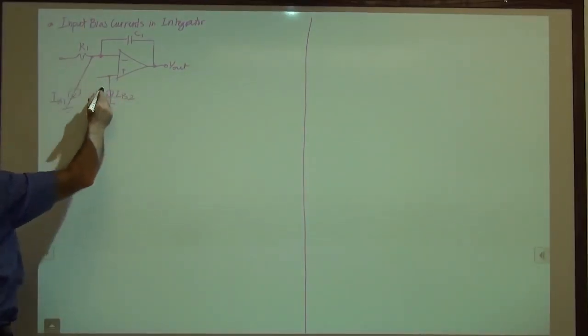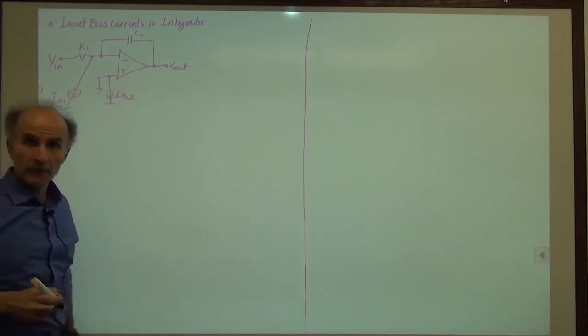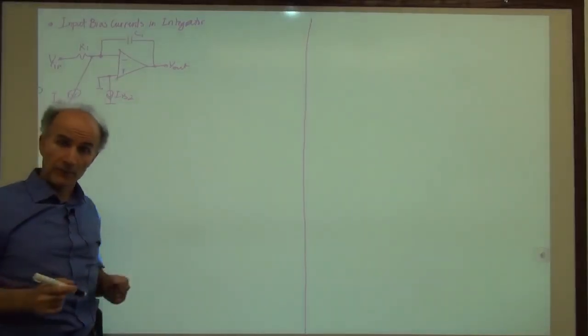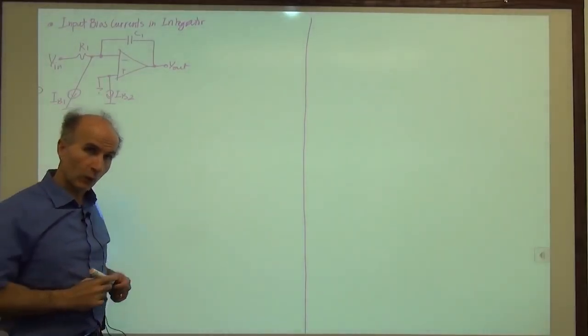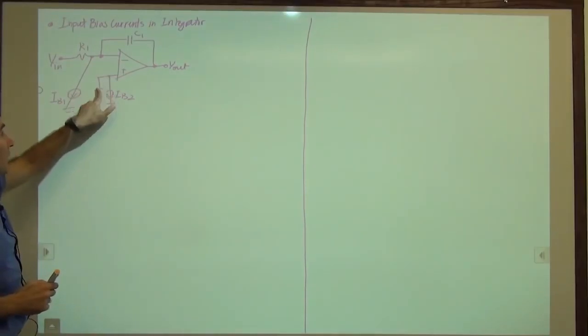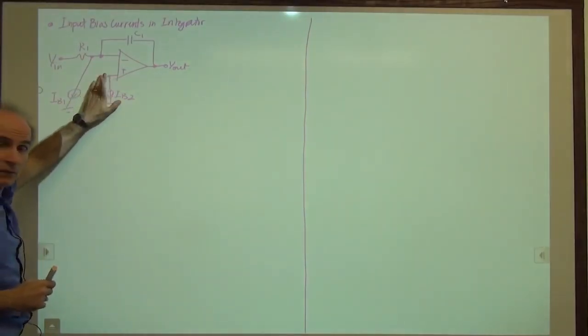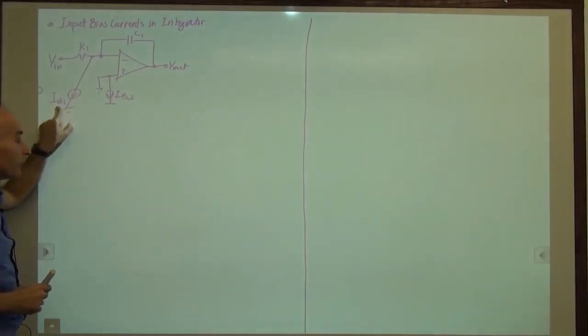And this is connected to ground, this is connected to the input. And we are wondering if these bias currents cause any problems in this integrator design. Okay, well, this point is fine because IB2 just has to flow from ground, nothing here. This voltage is 0. But this voltage probably does something.